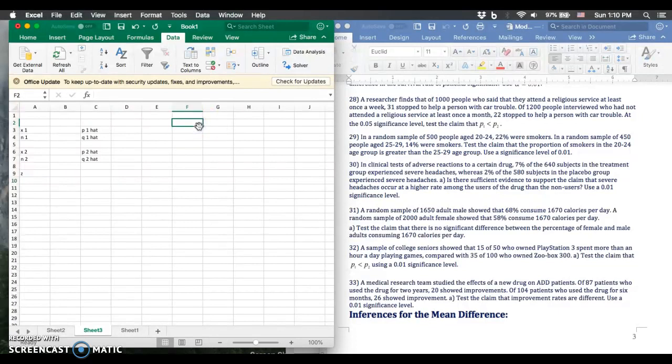So first I'm going to have my hypotheses. The null hypothesis is going to be P1 equal to P2. So the proportion of people playing PlayStation is not different from the people playing Zoom Box.